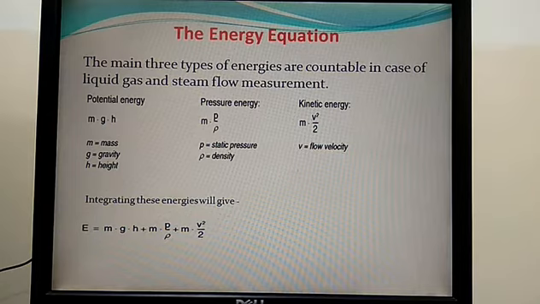Integrating these energies, we get energy equal to mgh plus mass multiplied by pressure by density plus mass multiplied by square of velocity by 2.